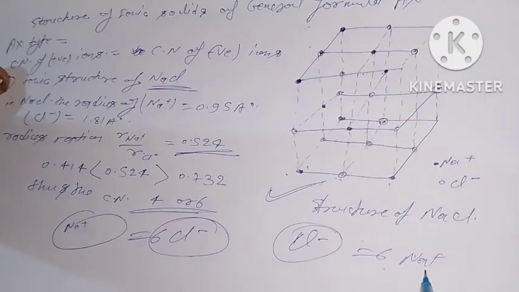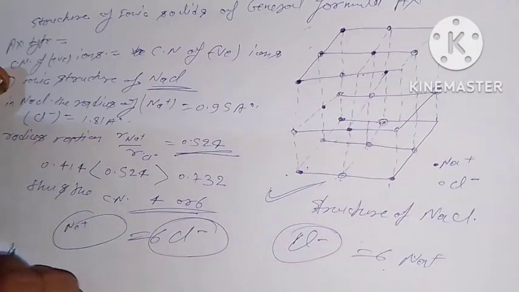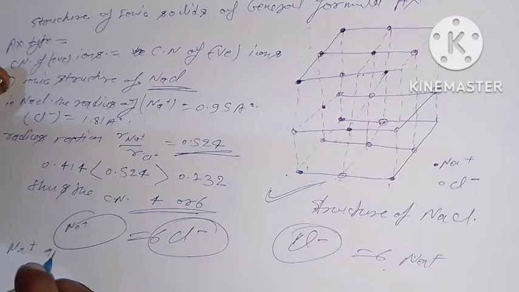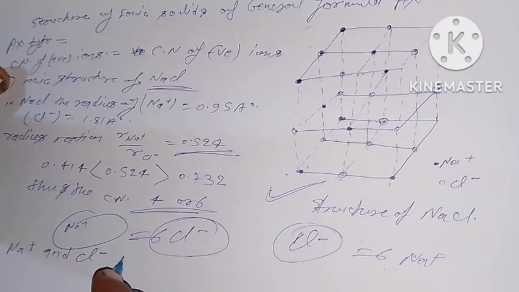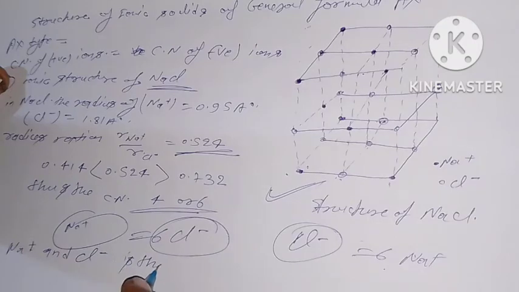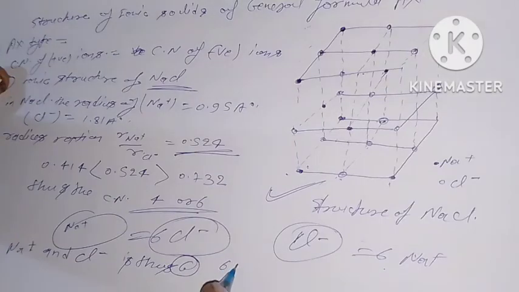The coordination number of Na positive ions and Cl negative ions is thus 6:6. The sodium chloride structure has been shown.